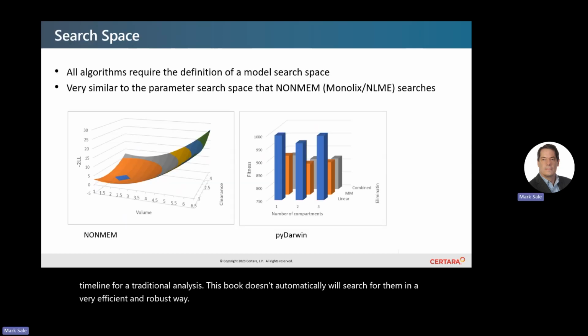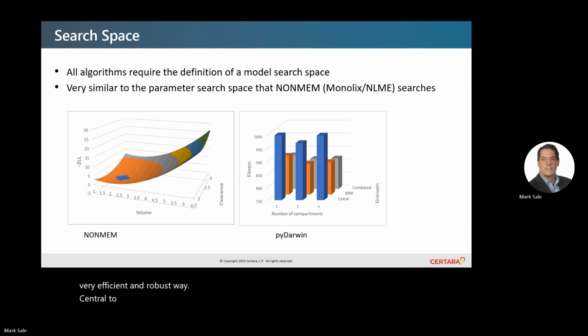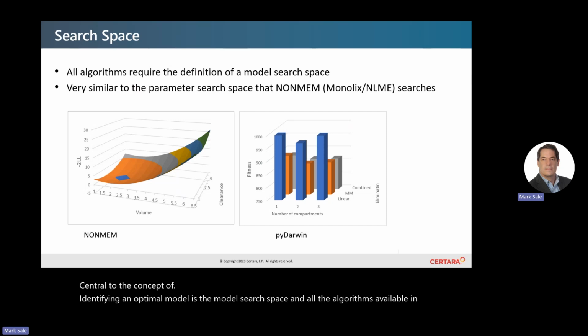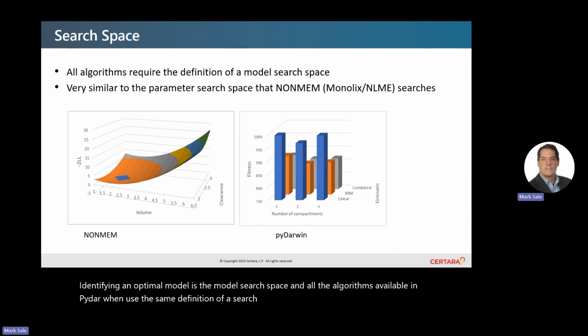Central to the concept of identifying an optimal model is the model search space. And all the algorithms available in PyDarwin use the same definition of the search space. And in some ways, this search space is analogous to the parameter search space that NONMEM uses, along with Monolix or NLME.